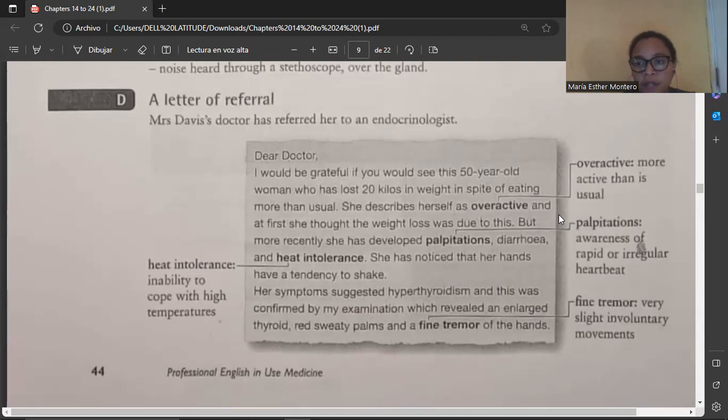Overactive: more active than is usual. Palpitations: awareness of rapid or irregular heartbeat. Fine tremor: very slight involuntary movements. Heat intolerance: inability to cope with high temperatures.